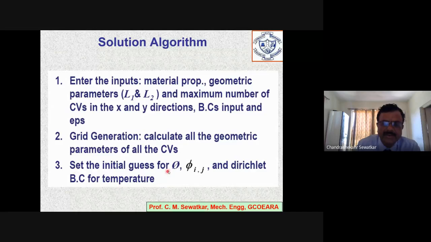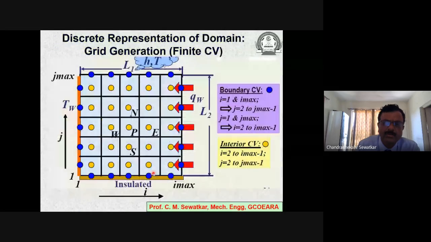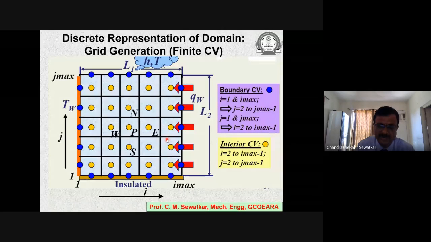Then set the initial guess. Initial guess you have to set. If, for example, I have 4 boundaries subjected to, let's say, 100 degrees, 200, 300, 400, I can assign some value to these yellow cell centers, and that is my initial guess.